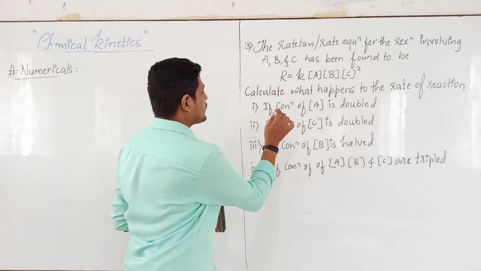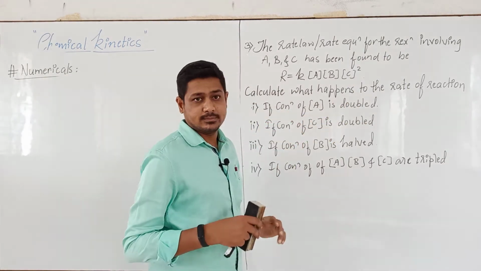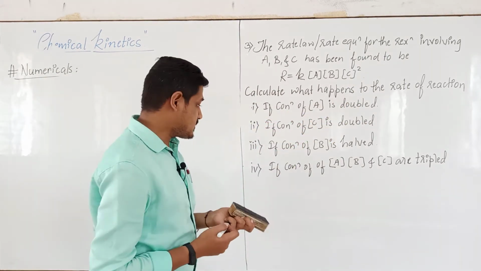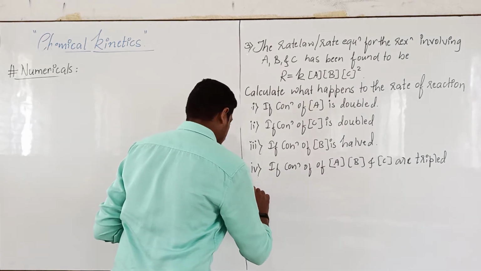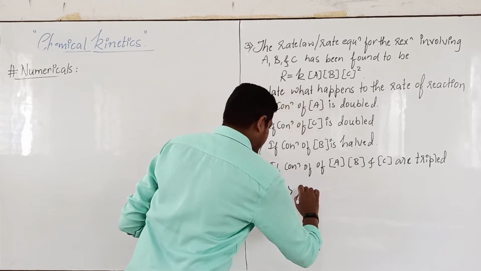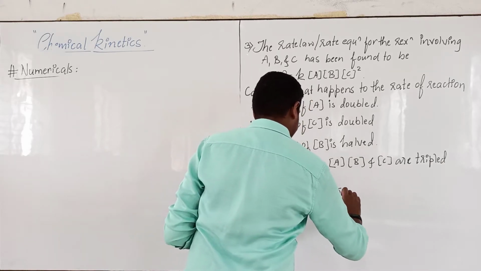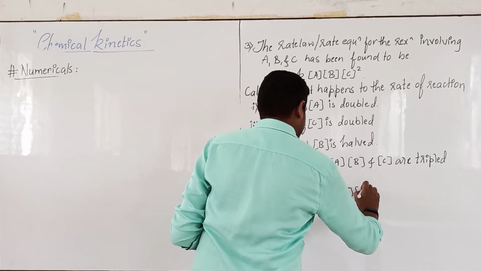In the first problem, what they are saying is, if the concentration of A is doubled, what happens? First you write down the rate equation: rate is k into A into B into C square.